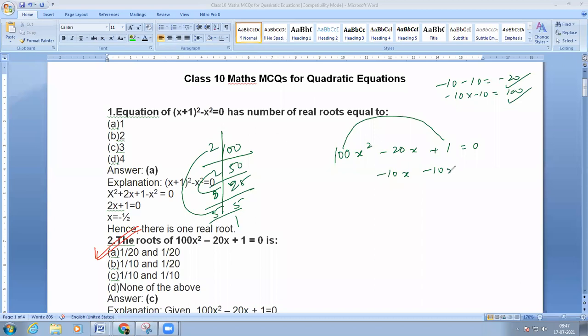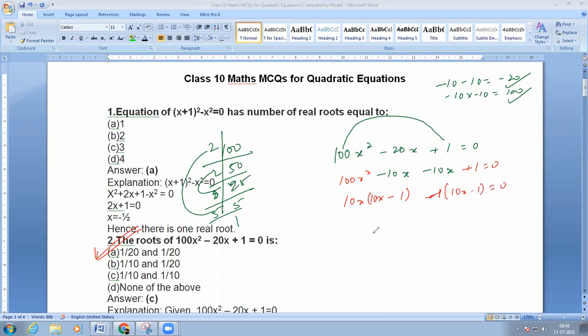So we'll write 100x square minus 10x minus 10x plus 1 is equal to 0. We take 10x common, so it will be left with 10x minus 1, and we again take minus 1 common, so it will be 10x minus 1.